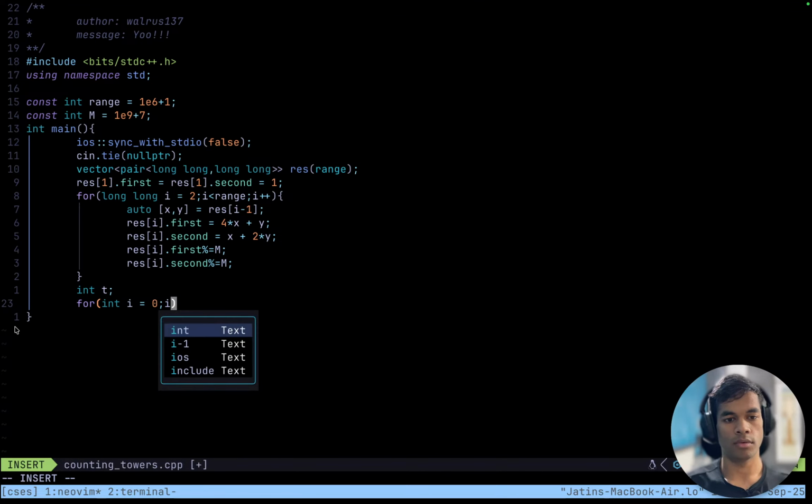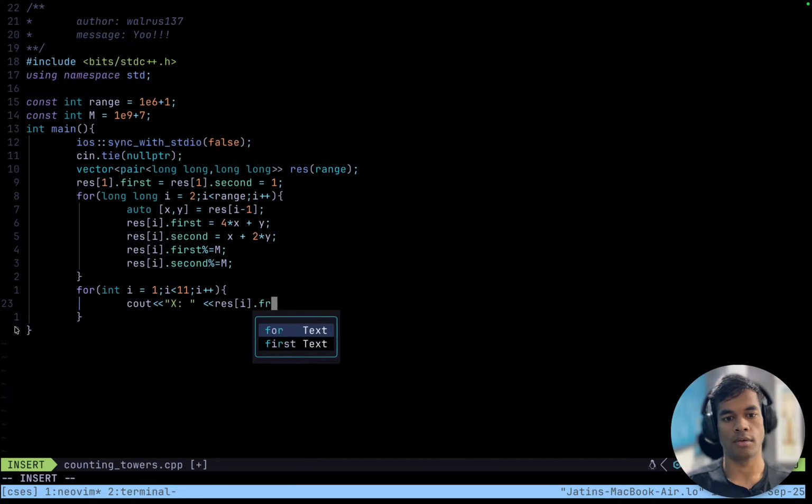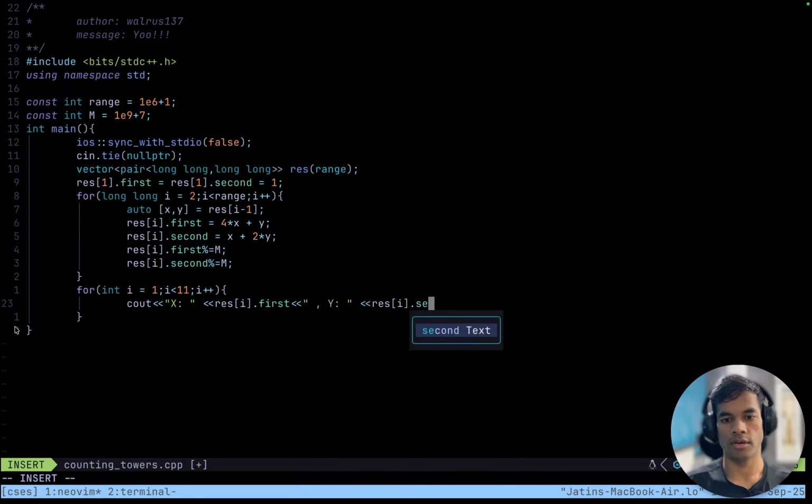For int i equals 1, i less than, not 5, let's say for i till 11, cout res i dot first, space, comma, y, space, res i dot second, and space.